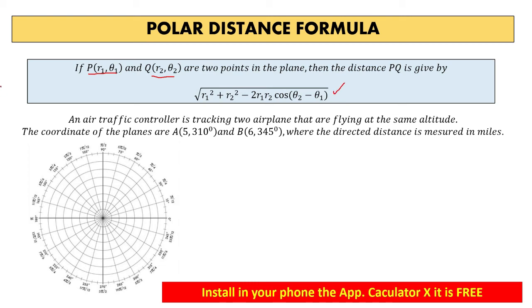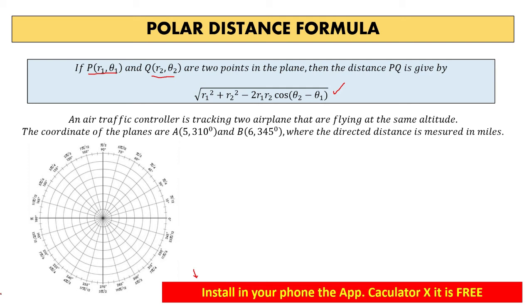Remember, I recommend installing on your phone the app Calculator X. It is free. It's a calculator similar to the TI-84 and TI-83 Plus. You can use this calculator to find the answer of this problem.